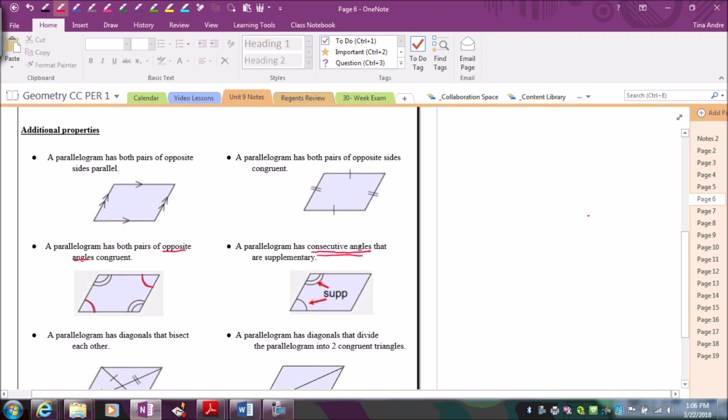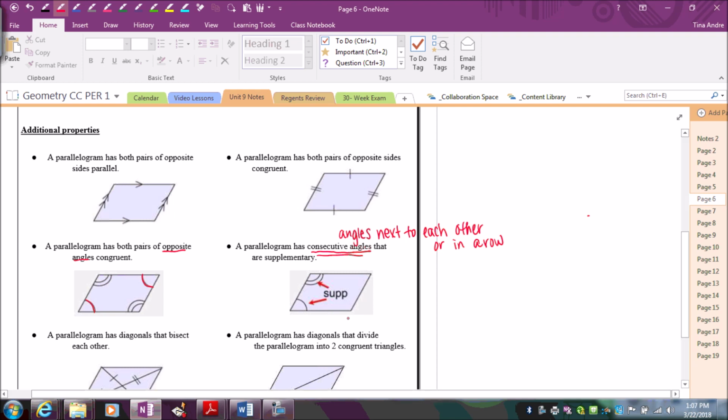So consecutive angles, or angles next to each other, or in a row, all mean consecutive. So these two angles are going to be supplementary, as well as if I were to draw in another pair of angles here, these are going to be supplementary, all because of parallel lines implying supplementary same side interior angles.